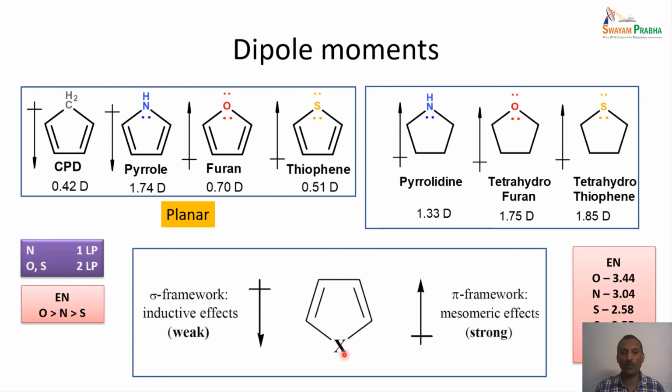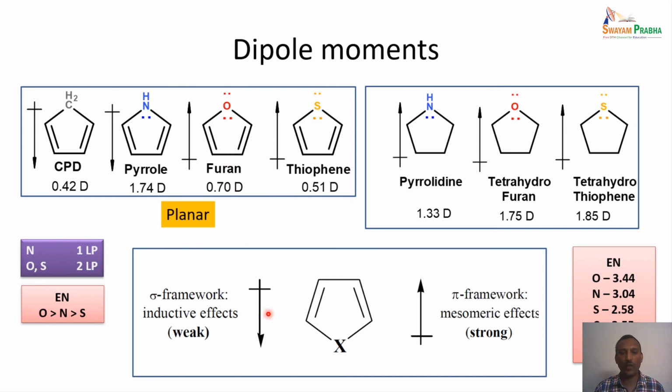So the heteroatom is one part, the ring part which has the carbons is another part. So due to resonance, this is pulling the electron towards one direction, and the heteroatom actually pulls the electron towards itself weakly. That is the inductive effect. That is why nitrogen has an opposite dipole compared to furan and thiophene.